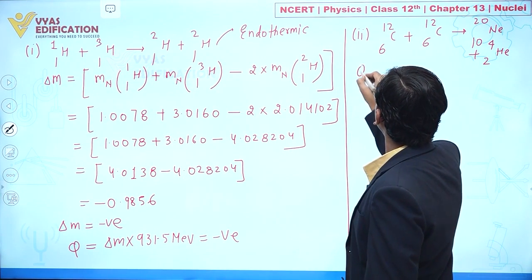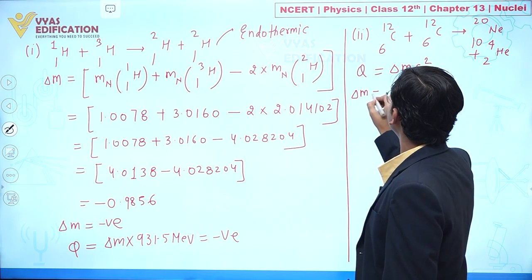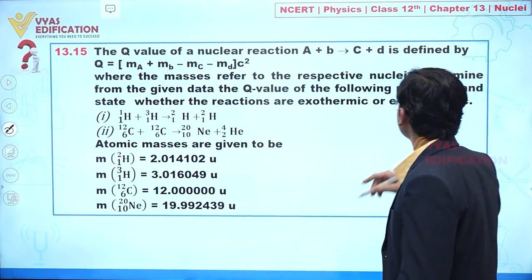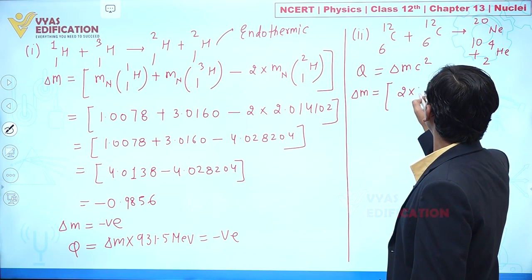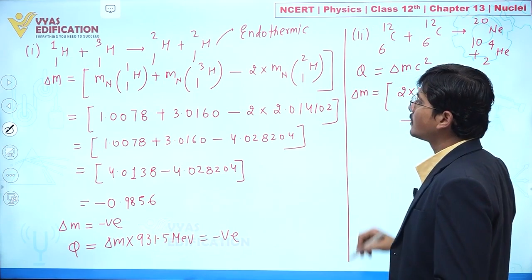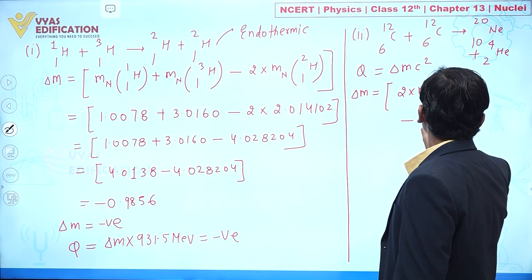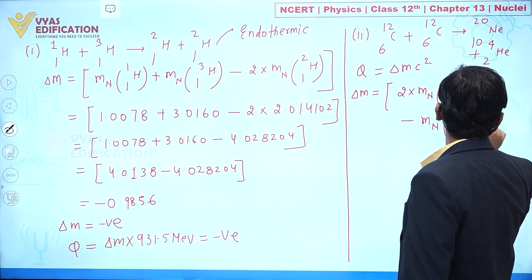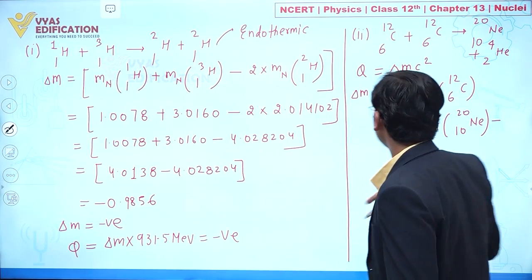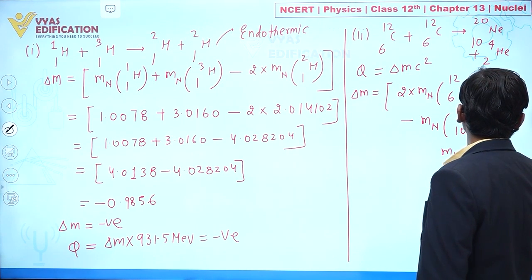Clear? So Q value is given by delta M C square. So for that, first we calculate delta M. Clear? Now you can see both have the same nuclei, so we can write it like this: 2 times the mass of nuclei of 6C12, minus the mass of nuclei of 10 neon 20, minus twice He4.